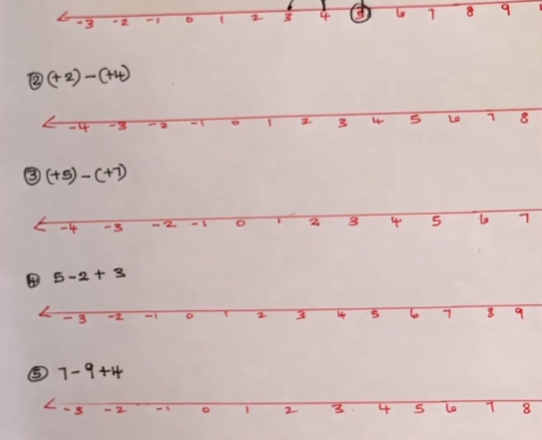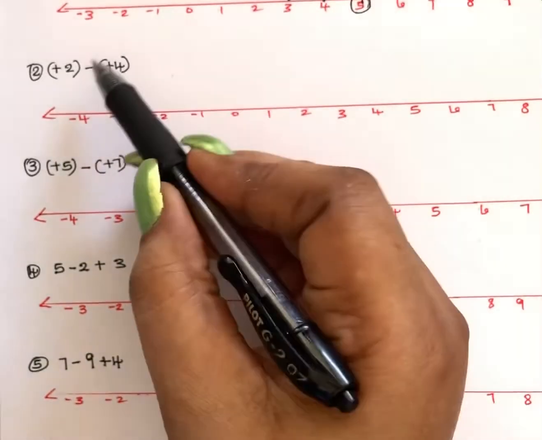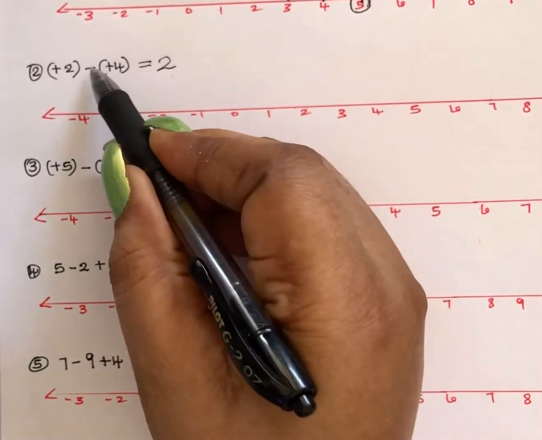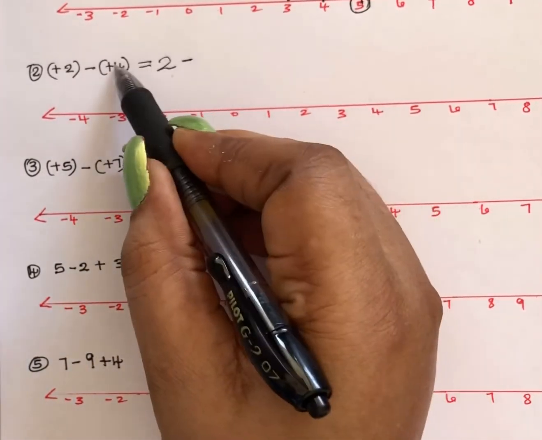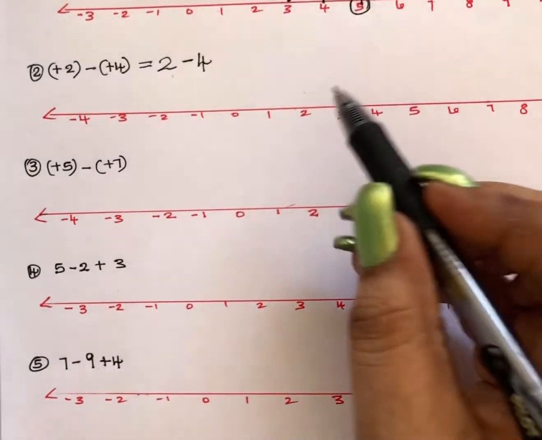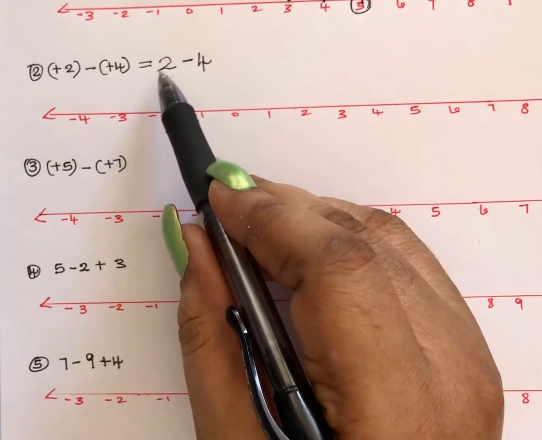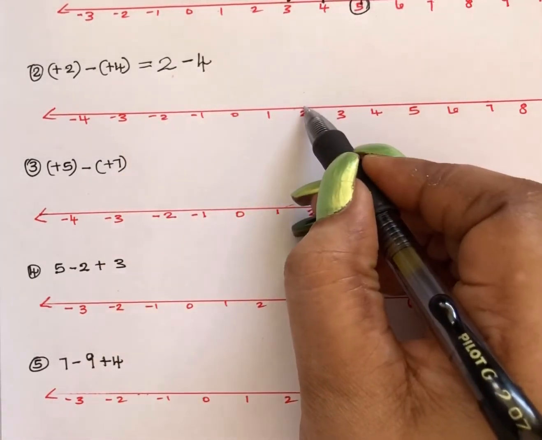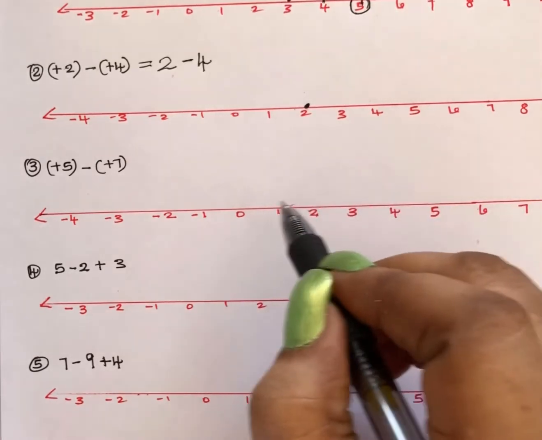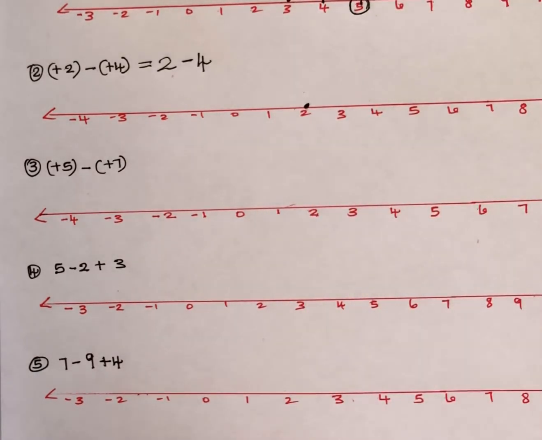Let's go again. We have a positive 2 and we want to subtract a positive 4. We use the exact same principle. The first number indicates our starting point. When we are adding, remember I just said it, we move to the right.